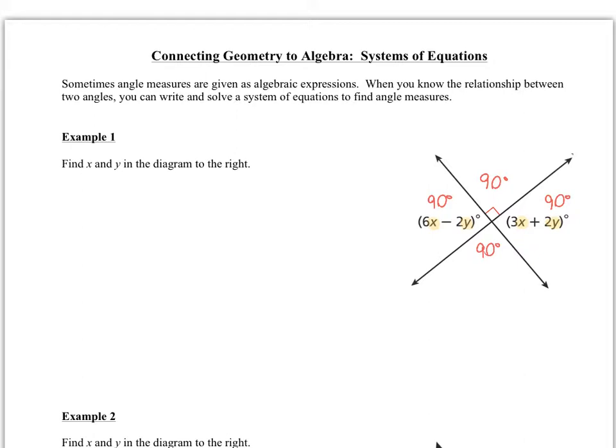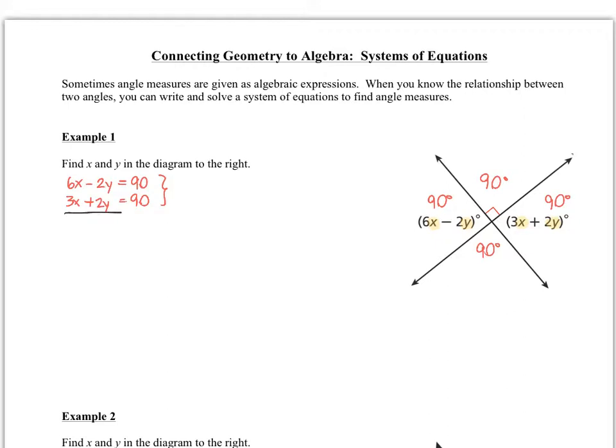We also know that those expressions need to be equal to 90 degrees. Both of them do. So because we have two what amount to equations, 6x minus 2y equals 90, and 3x plus 2y equals 90, we've got a system of equations in two variables that we can solve.